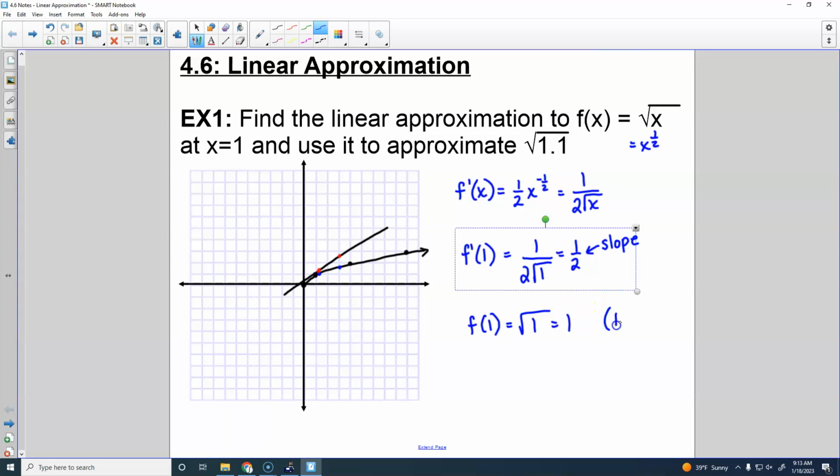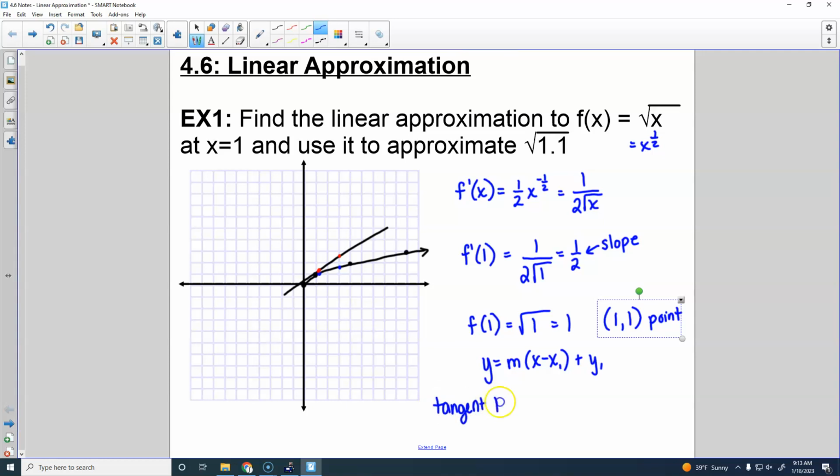So that tells me my point is (1, 1). So this is where we use that y equals m times x minus x1 plus y1. So our tangent line is going to be y equals 1/2 times x minus 1 plus 1.